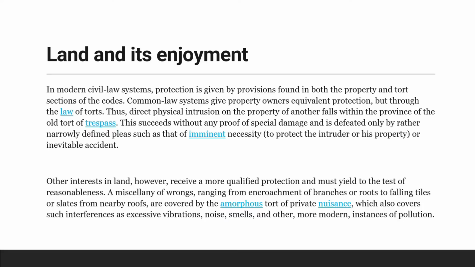Other interests in land, however, receive a more qualified protection and must yield to the test of reasonableness. A miscellany of wrongs, ranging from encroachment of branches or roots to falling tiles or slates from nearby roofs, are covered by the amorphous tort of private nuisance, which also covers such interference as excessive vibration, noise, smells, and other more modern instances of pollution.